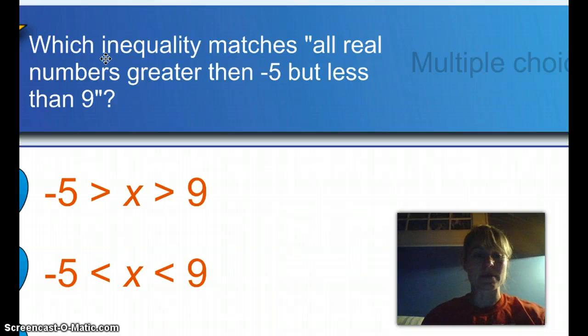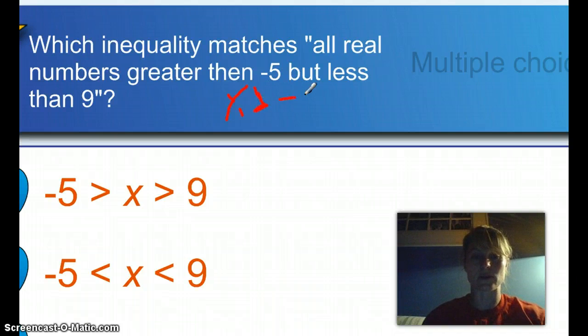Okay. This one says, which inequality matches all real numbers greater than -5 but less than 9? So again, I want to take those into two separate problems. All real numbers greater than -5. So it just says greater than, so that does not include -5.